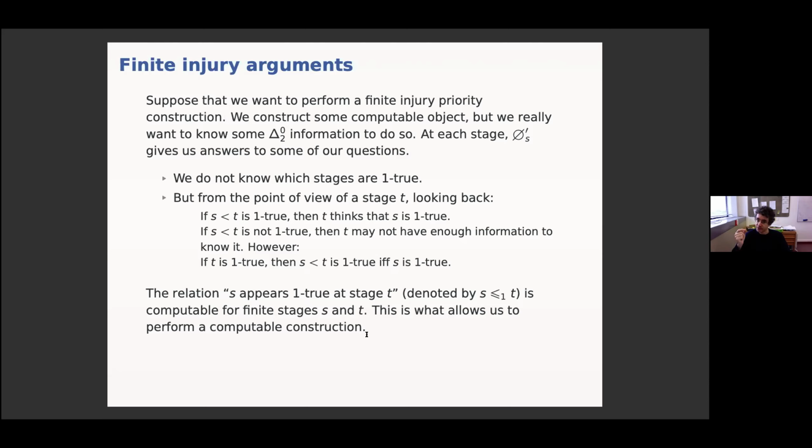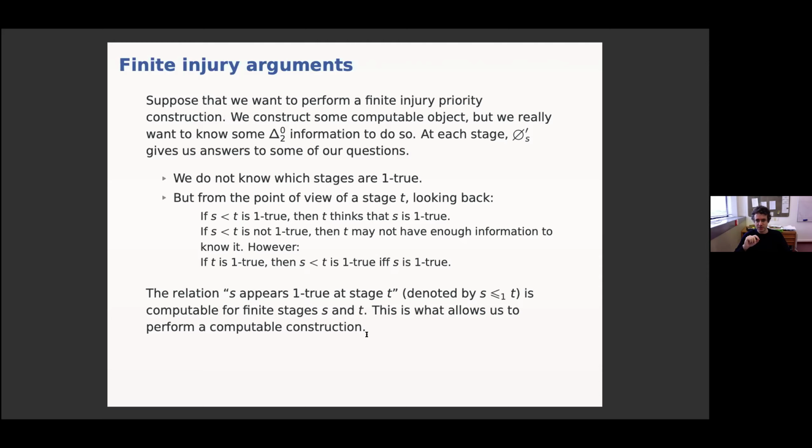But at any given stage T, I can look back and think at every previous stage, what was my guess back at stage S? And what do I think about it right now at stage T? So it's possible that we're looking back at stage S, and stage S made some claim about zero jump, and later I saw that a smaller number went into zero jump. Then at stage T, I already know that S is not one true.